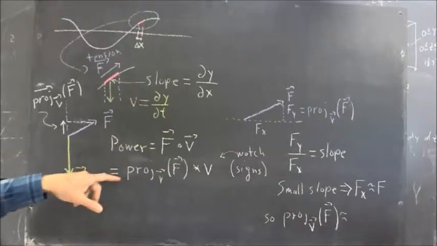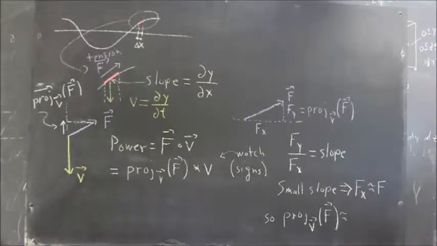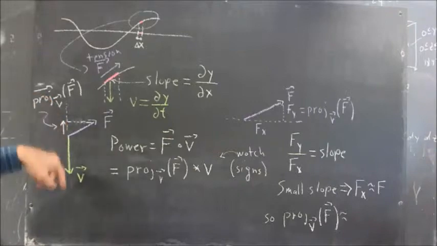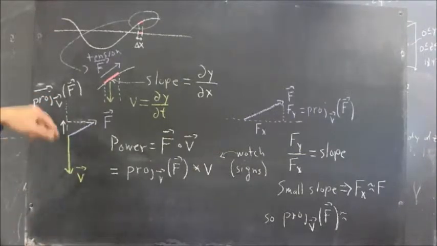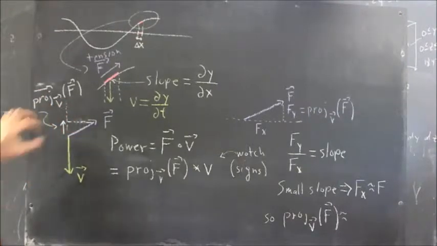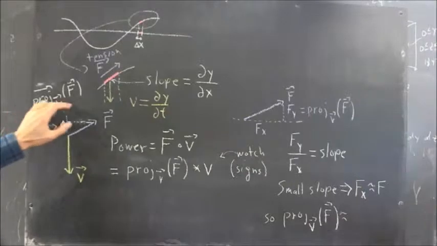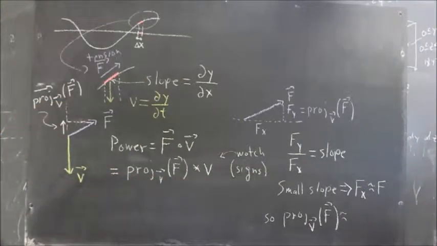Well, what's the dot product? Again, this is a first semester topic, it's basic vectors, but the dot product is going to be the product of the projection onto this vector of this vector with this vector. So we project the F vector over here to do the dot product, and we have the projection vector and this vector, and we do the product of these.